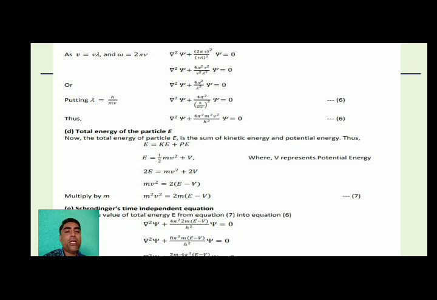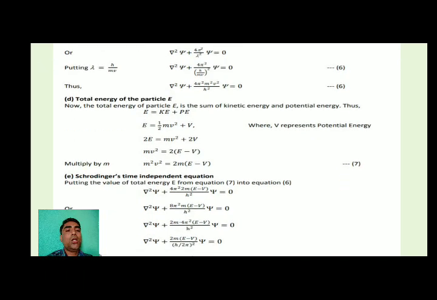So upon substituting the value of m²v² from equation 7 into equation 6, this differential equation becomes ∇²ψ + 4π² times 2m(E − V)/h² into ψ = 0.